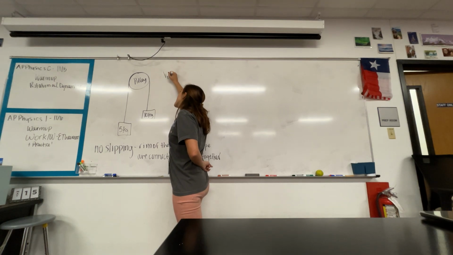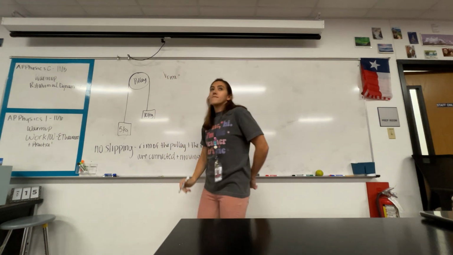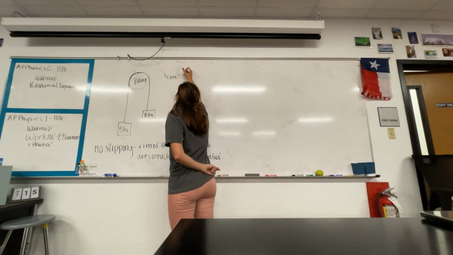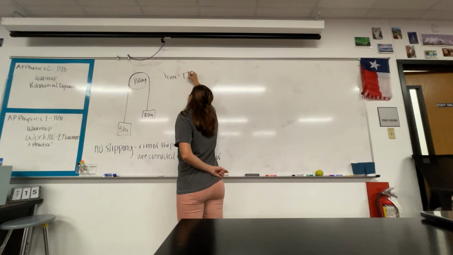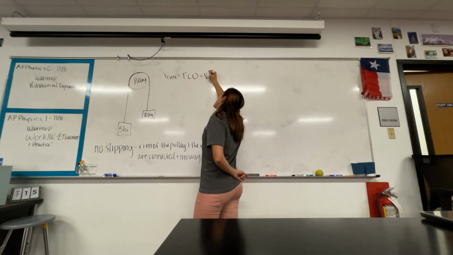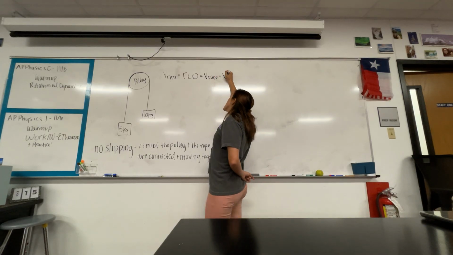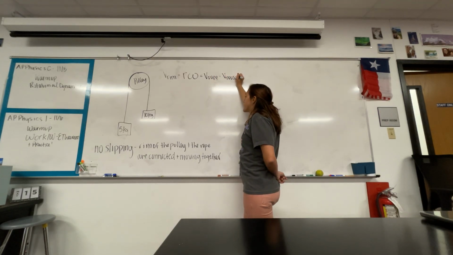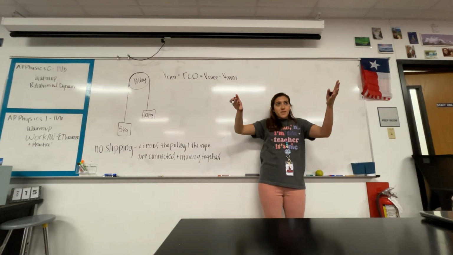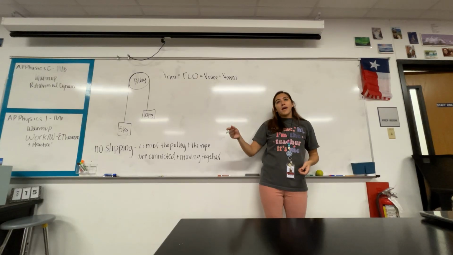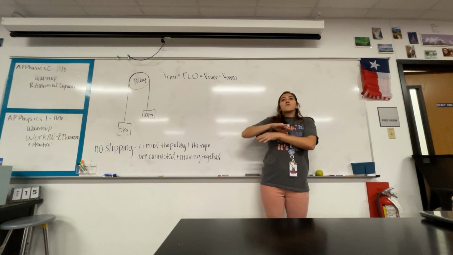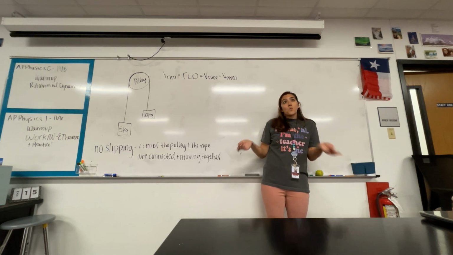The velocity at the rim of the pulley, so the outermost edge, the velocity at that edge of the pulley, would be equal to the radius of the pulley times the angular velocity of the pulley. And is also equal to the velocity of the rope and the velocity of the mass. The outside edge of the pulley has to be spinning at the exact same rate as the speed of the rope and the mass, because they're now all connected and touching at all times. So where you go, I go.